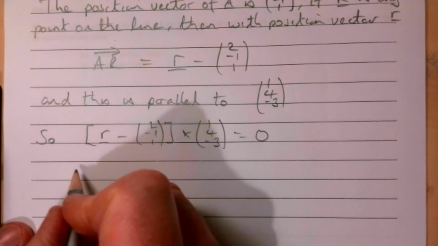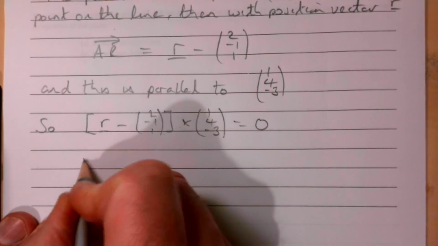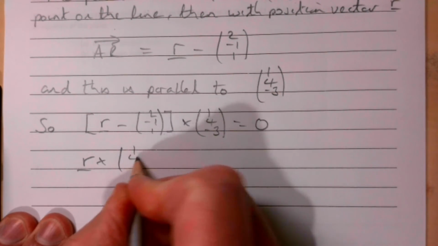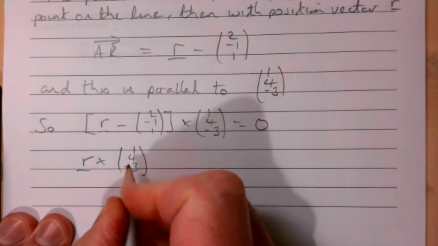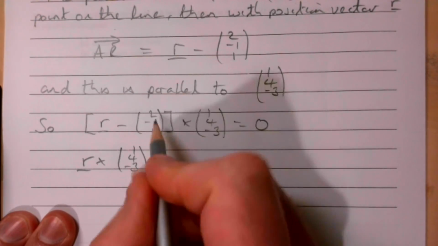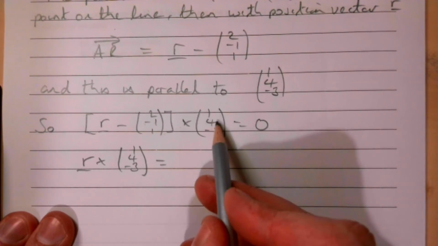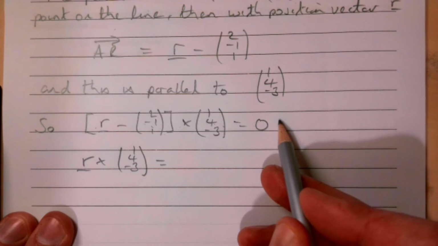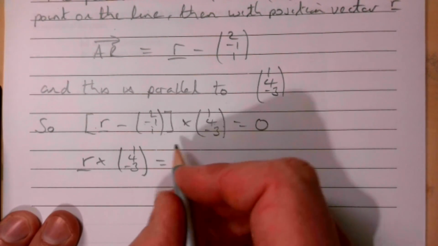We're now going to multiply this out, so it's going to be r cross (1, 4, -3) equals, so I've multiplied this out, effectively multiplying this by this, multiplying this by this, and then I've taken this over to the other side, and that's the cross product then of these two things.